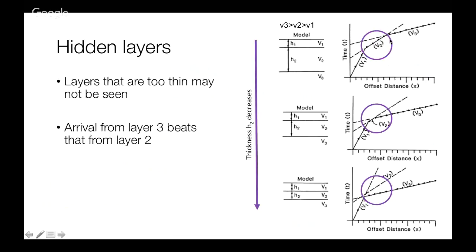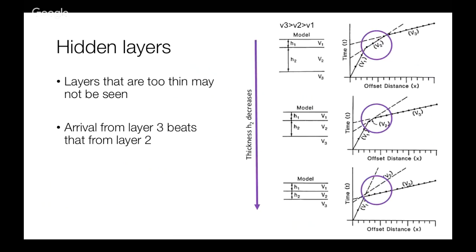So here it's easy to detect because we have a clear change in slope between that first refraction and the second one. But then here, as we decrease the thickness of that second layer, our intercept time for that second layer refraction shifts, and the time at which we have a critical refraction from that first interface decreases until it's not really present at all, and we only really see the refraction from that second layer as a first arrival.